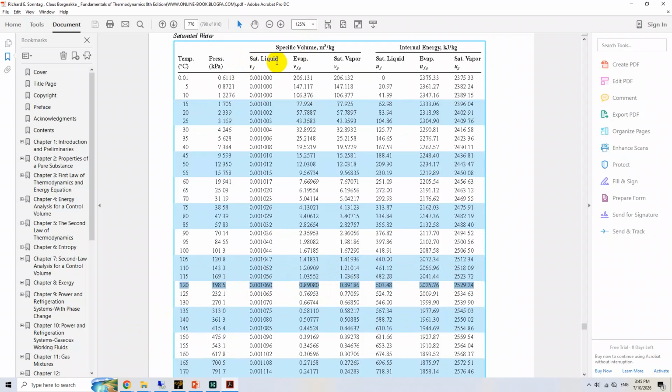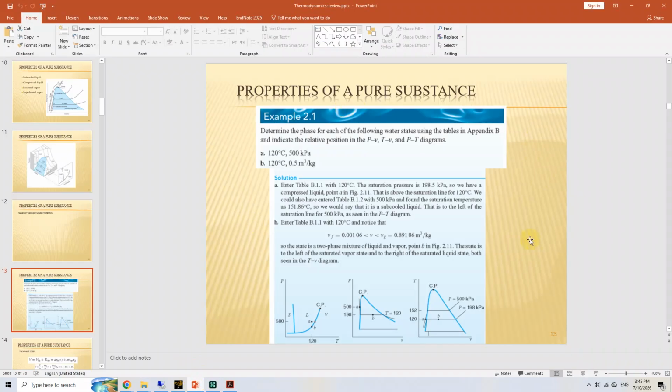The saturated liquid has a specific volume of 0.001 and the saturated vapor has 0.89. So 0.5 is between 0.001 and 0.89. So the water is in the two-phase region.